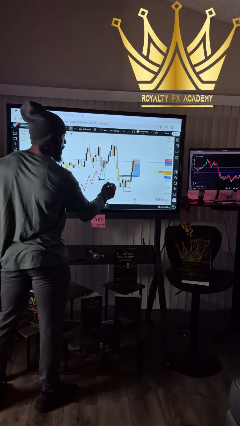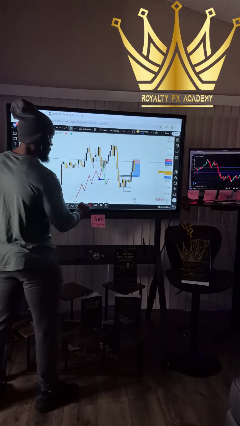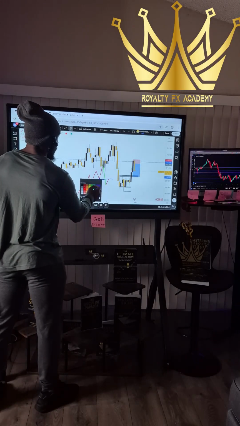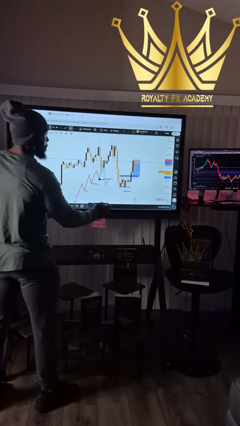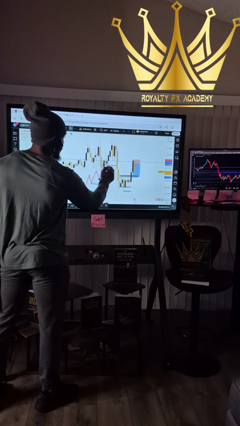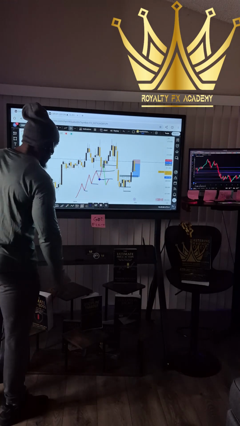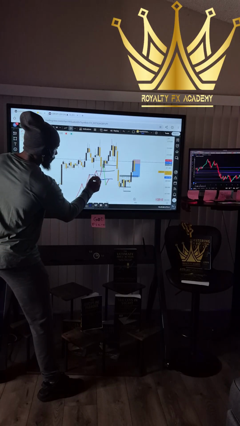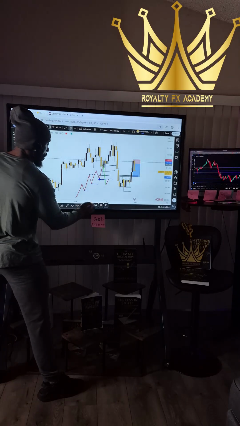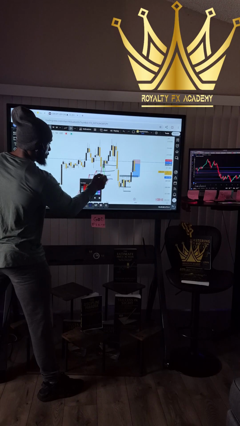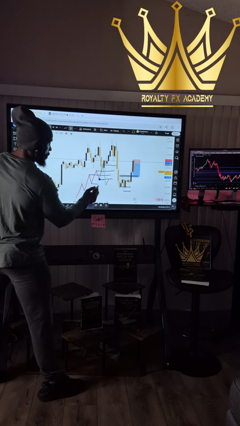Where it stops varies, and I'll tell you why: the market doesn't just stop at a random place. It could go all the way up to here, or this one, or this one. See that? So we know the market broke the previous structure point, which is the previous low.